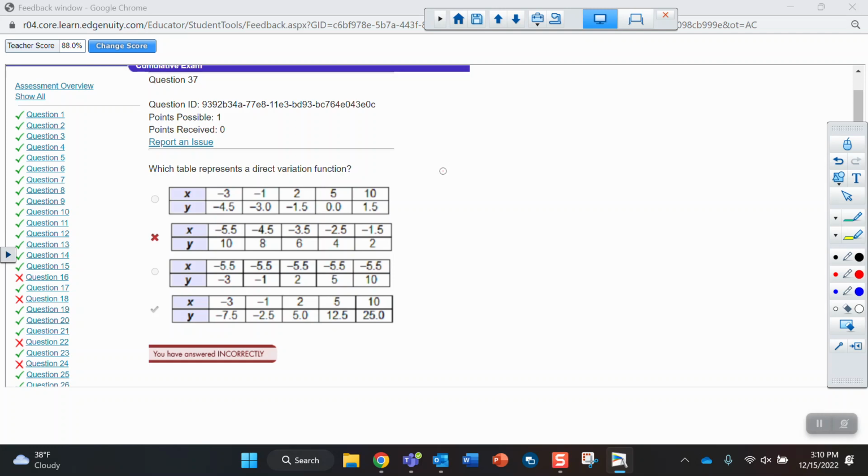What we want to check is that the y divided by the x is the same all the way down the table. So I'm going to look at your table, and I'm also going to look at the table that is the correct answer. So 10 divided by negative 5.5, 8 divided by negative 4.5, 6 divided by negative 3.5.